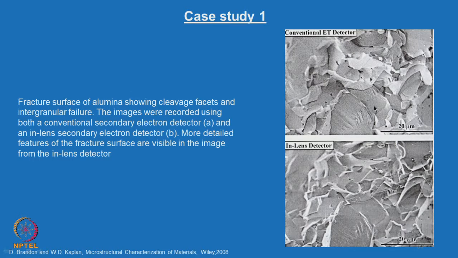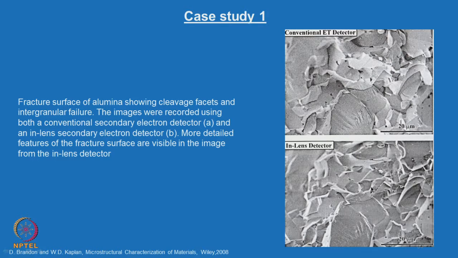What I have now tried to say by these images, let us understand. A conventional ET detector captures the facets of the fracture surface, and you can see the intergranular fracture, but the contrast is better when you have the in-lens detector.